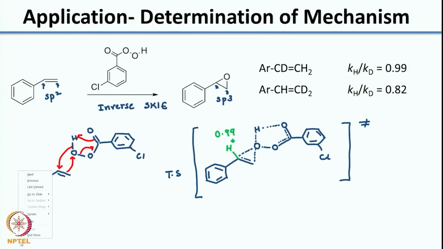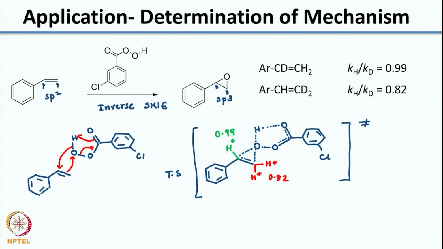Whereas, if I do the isotopic substitution here, the value is 0.82. So, it is actually much lower than the isotope effect that is seen at the position right next to the aromatic ring.